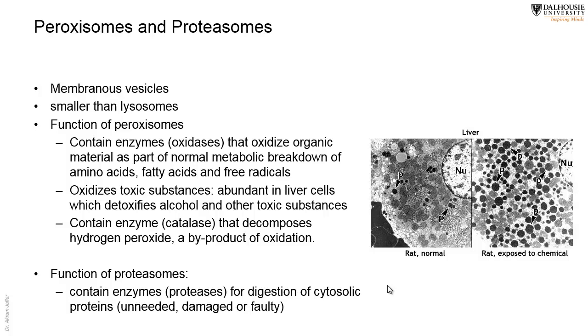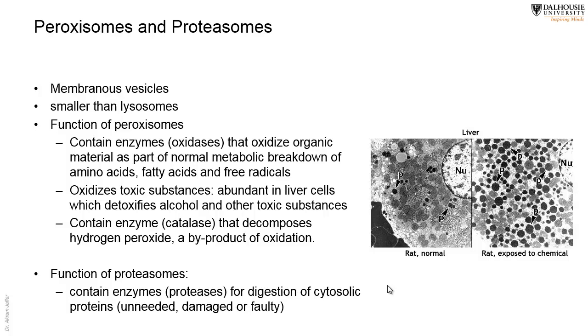The peroxisomes contain enzymes called oxidases, and these oxidize organic material, like amino acids and fatty acids, breaking them down by a process of oxidation. This process of oxidation results in the release of hydrogen, and excess hydrogen will result in the formation of hydrogen peroxide.